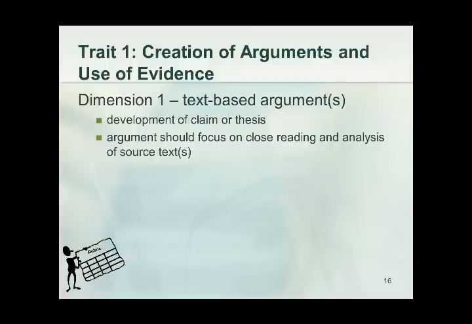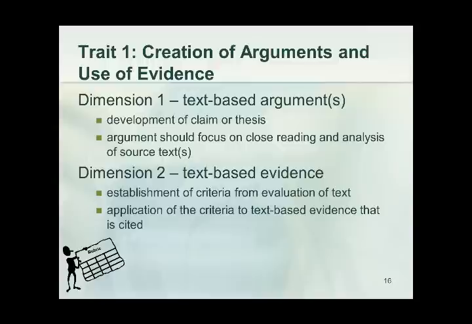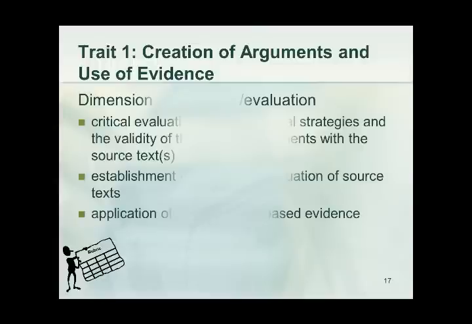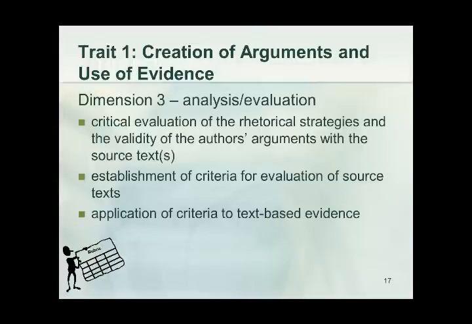Now let's move to dimension 2. Now we're looking not at the text-based argument, but we've already got our argument. Now let's get the evidence that goes with that. It is all about the establishment of criteria from the evaluation of the text, and being able to cite that text as we come through. So we have our argument, our claim, then we have the evidence that backs up that claim, and then as we move on to dimension 3, we're talking about how we analyzed and evaluated that.